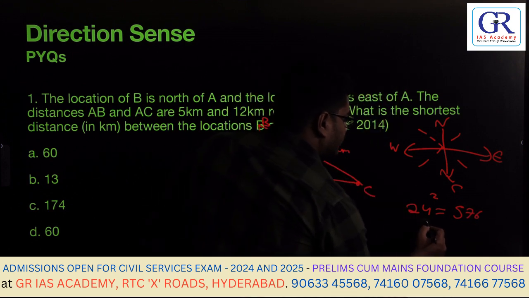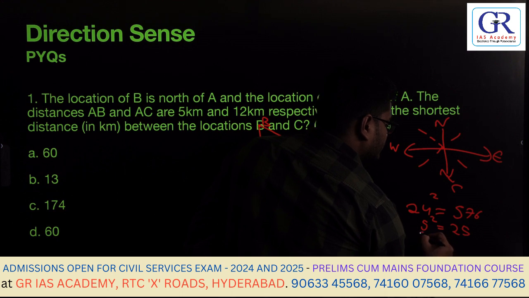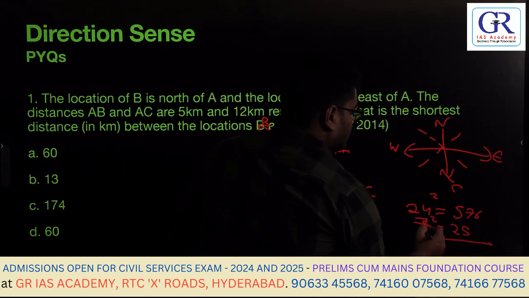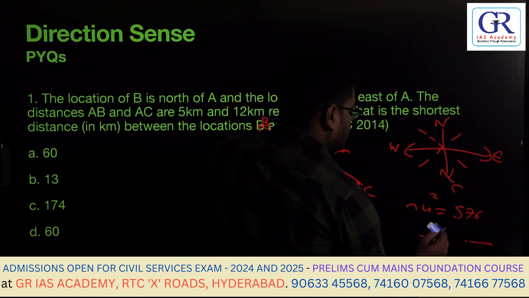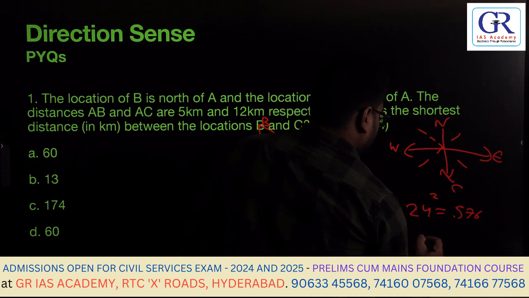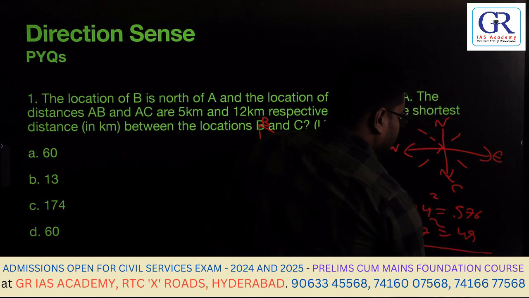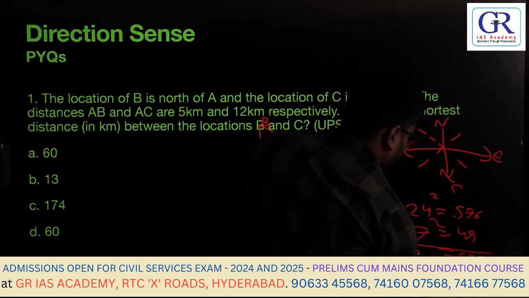And 7 square is 49. What will you get if you add them? 625. What is the square root of 625? 25.